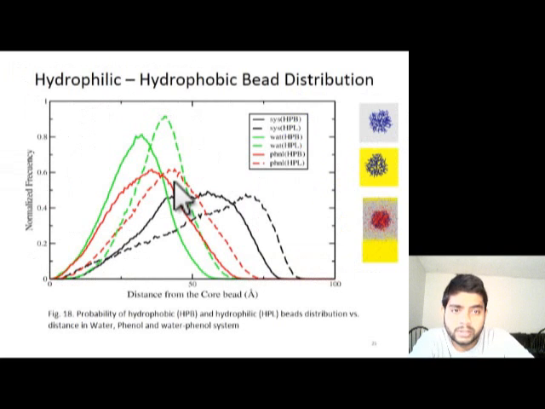Also we try to observe hydrophilic and hydrophobic bead distribution in different systems. Same like before, we plot the normalized probability versus distance from core bead.